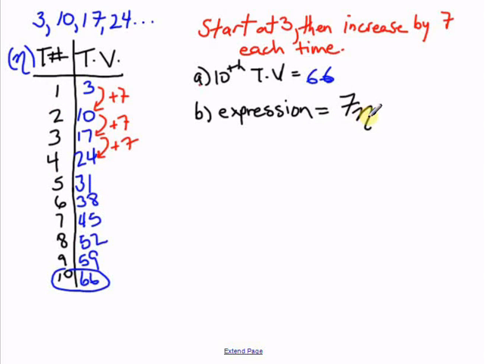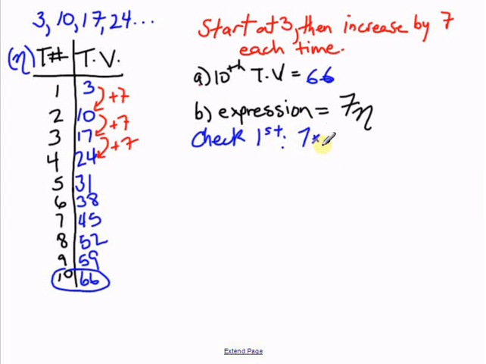Okay, pretty sure this isn't correct. I'm going to have to add or subtract something on the end of this expression, because if it was just 7n, the first number would be 7. 7 times 1 is 7. But for us to figure out what we have to tack onto the expression, we're going to check our first term number. So the first term number, n, is 1.